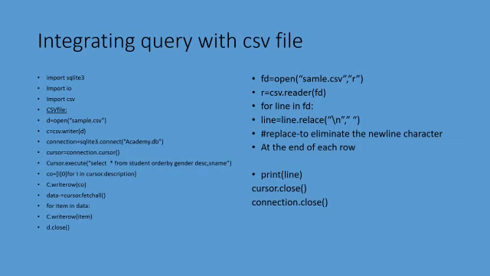The answer will be stored in line. Finally I am going to print the line, so print line. The answer will be printed. Then cursor.close, I am closing. Then connection.close, I am closing. That's all. So this is integrating query with CSV file. Let us see how the answer will be.